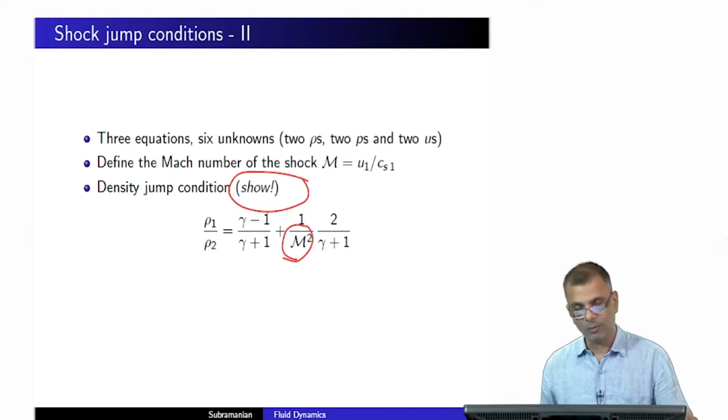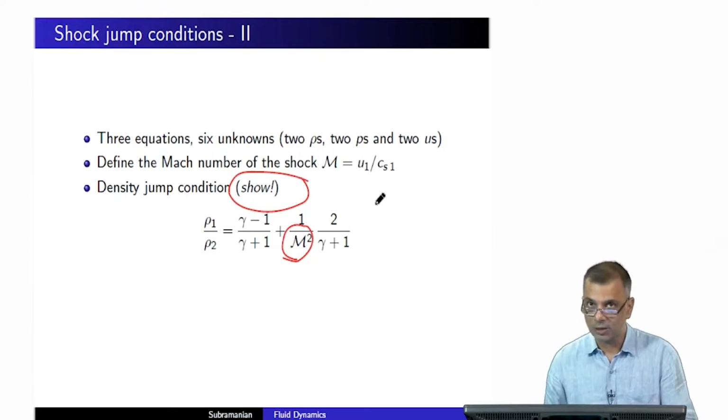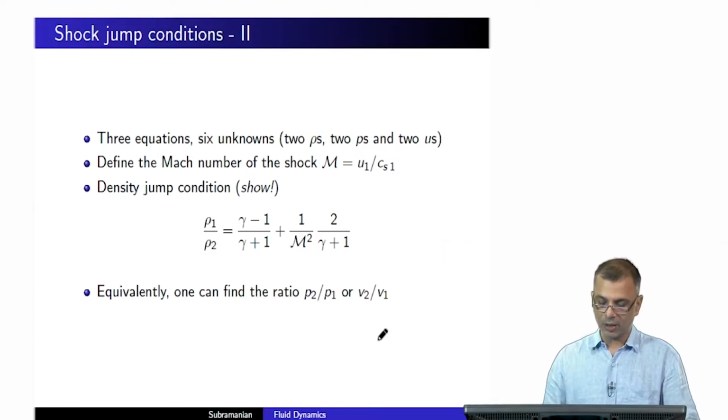The smaller the Mach number, the larger the density jump. That's what this equation is telling you. So this is the density jump condition. Equivalently, once you have the density jump condition, you can immediately find the pressure jump condition or the jump in velocity, in normal velocity, mind you. It's very easy to show this, right?